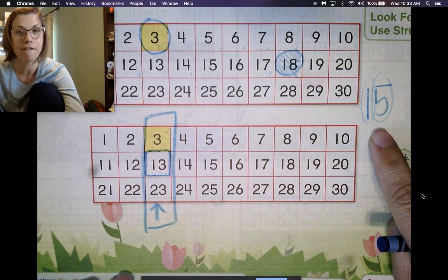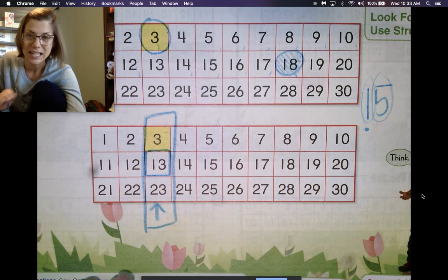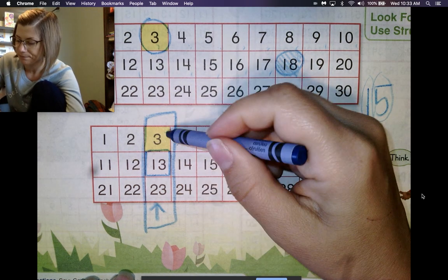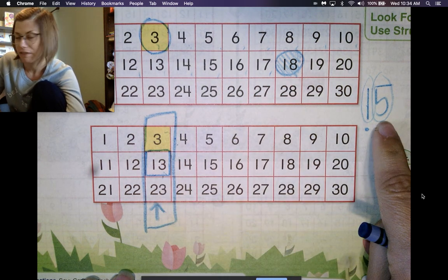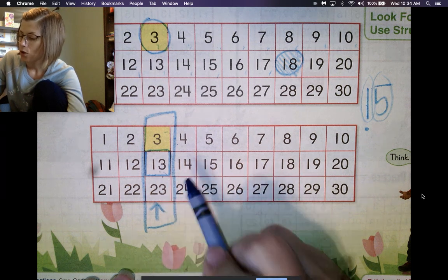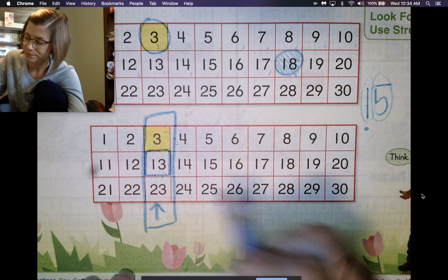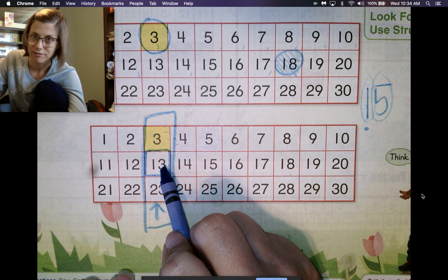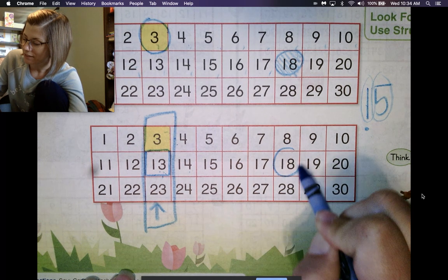So I'm going to count 15 steps. But the first step I'm going to take is a 10 step, like this. 10. And what comes next? 5 ones. 10. 1, 2, 3, 4, 5. Or 10, 11, 12, 13, 14, 15.